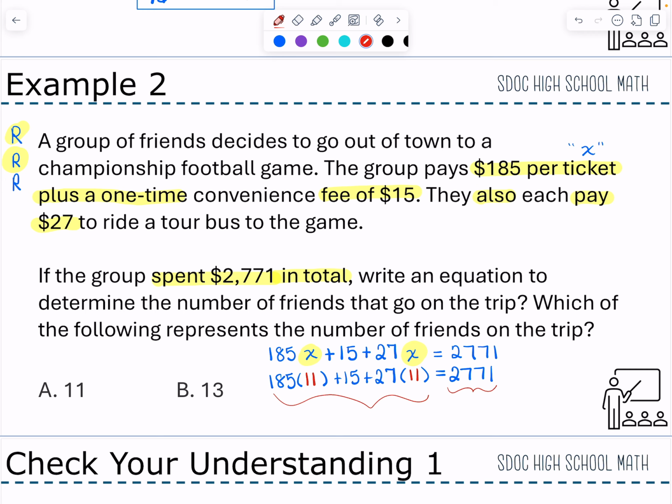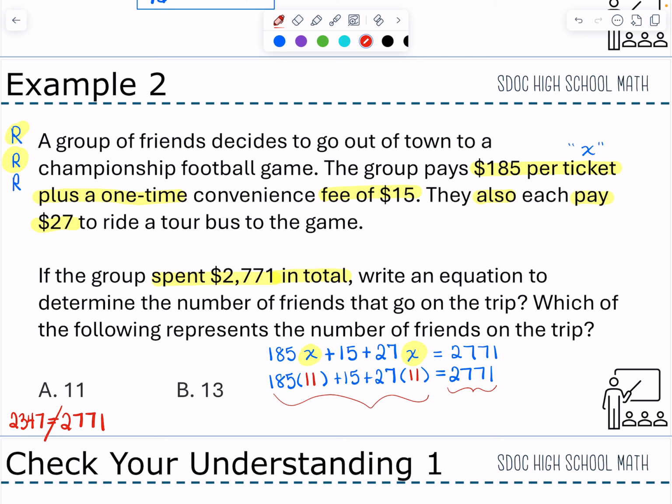Okay, so plugging this into my calculator just as I see it, 185 times 11 plus 15 plus 27 times 11, that answer comes out to 2,347. Does that equal 2,771? Nope. It does not.